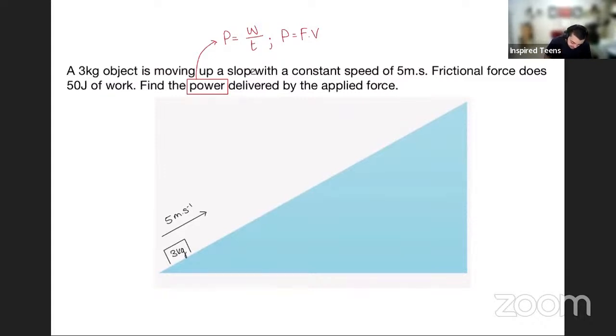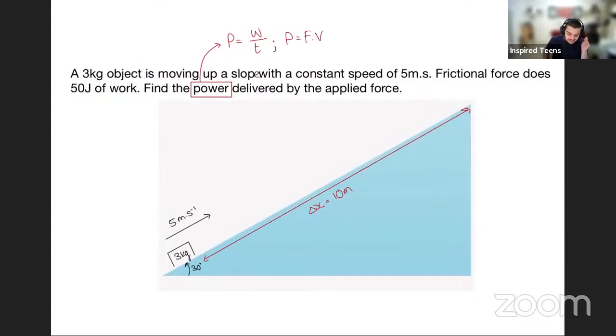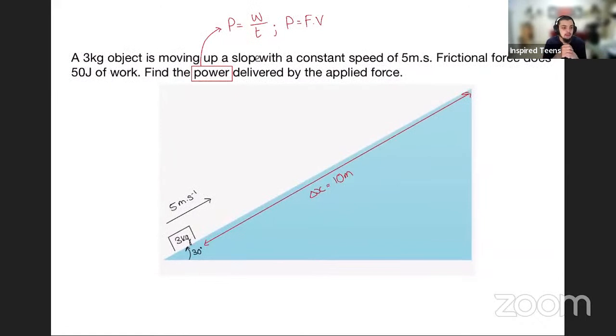Two other things are given. The first is that the angle here is 30 degrees, and the delta x that it travels is equal to 10 meters. That's also given.